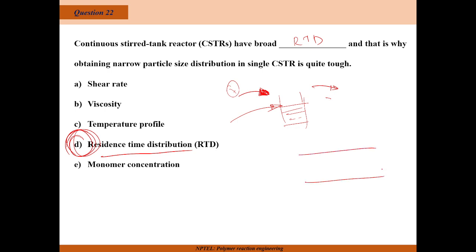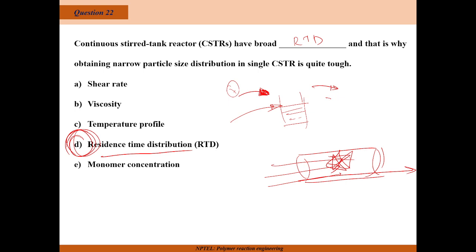Suppose in the continuous flow, we are continuously flowing the fluid. Due to some hindrance in its path, some particles may just stay while others go through uninterrupted. That can cause an uneven distribution in the time spent inside the reactor.